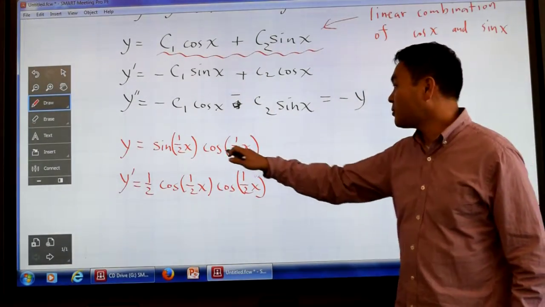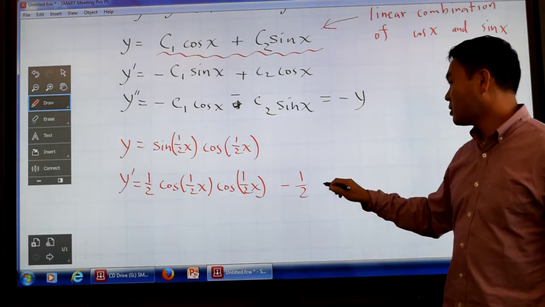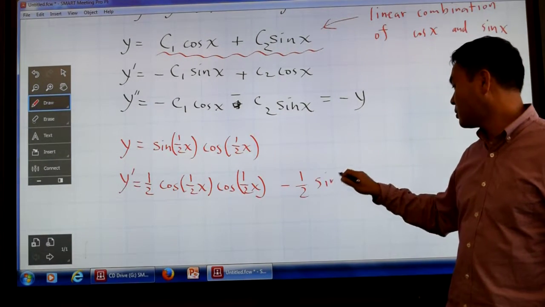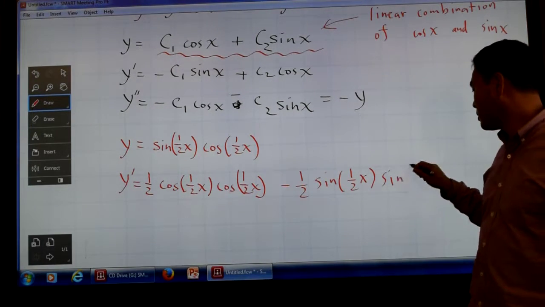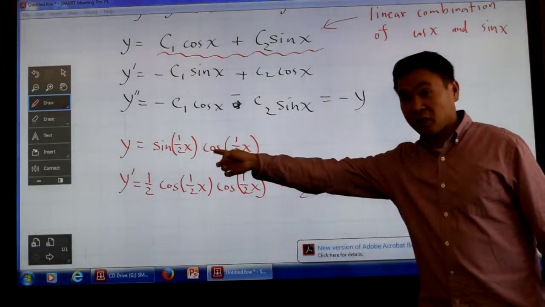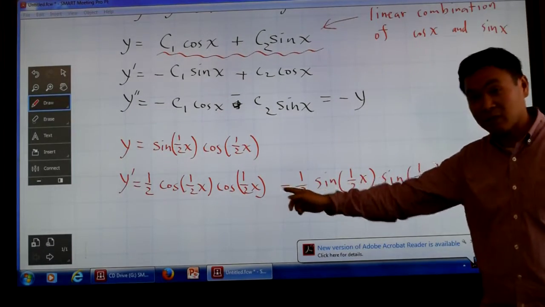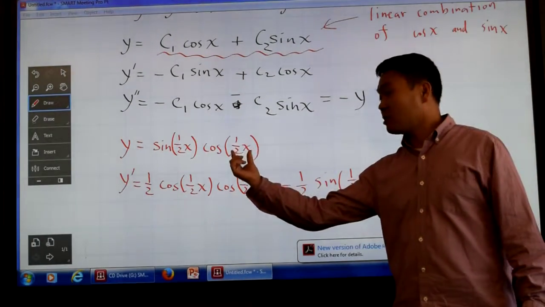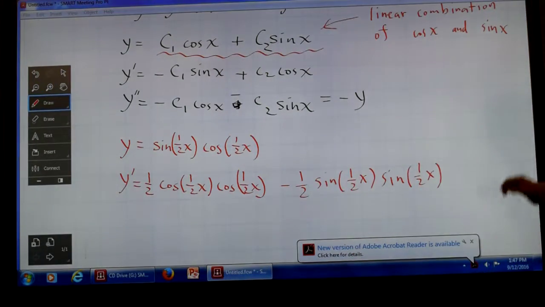And then, if I differentiate the second one, it's minus 1/2 sine 1/2 x, sine 1/2 x. Where this time I'm differentiating the cosine. Cosine differentiates to negative sine. That's where this negative came from. And when you take the inside function outside and differentiate, you get this 1/2. Okay, so that's where I got that.